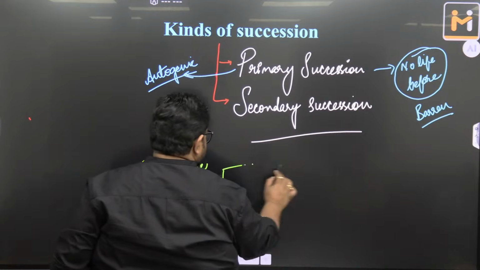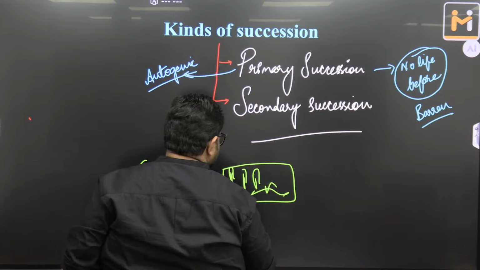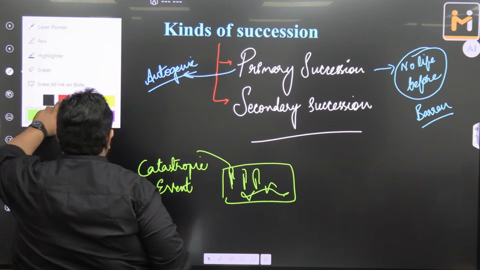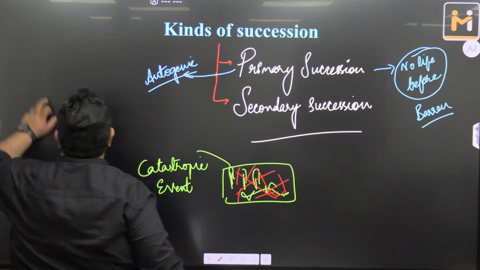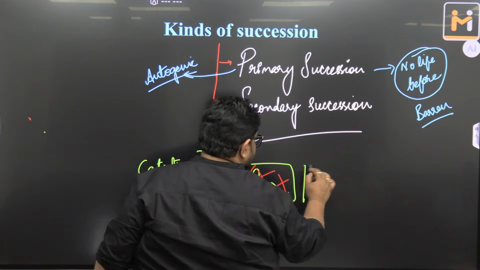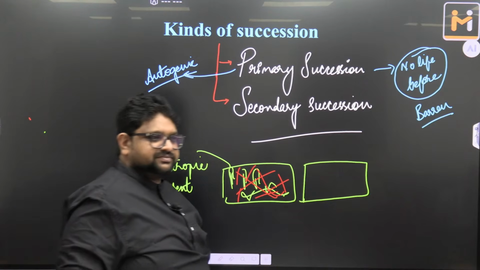Okay, so there is already a nice number of trees, plants and others. Till something happened which led to the destruction of the entire ecosystem, the entire plant life, and again the area became lifeless, plantless.